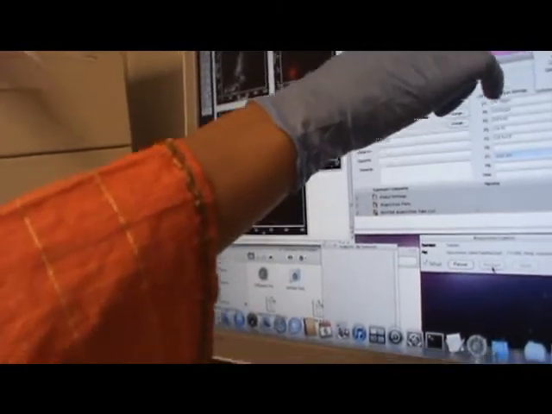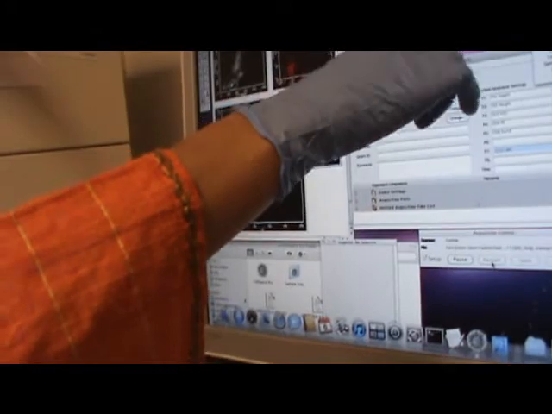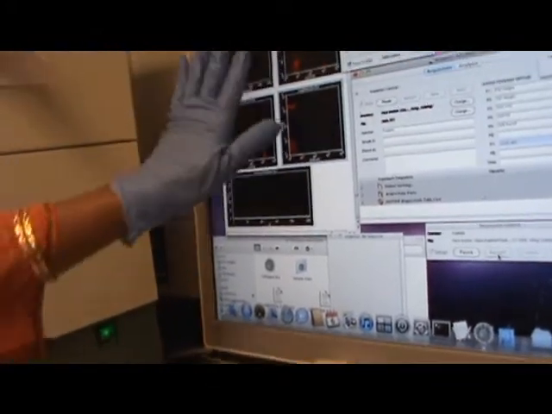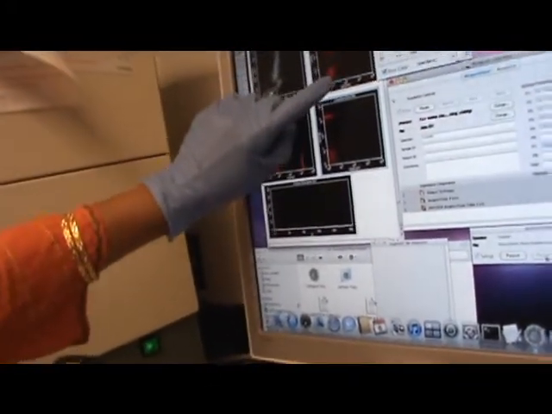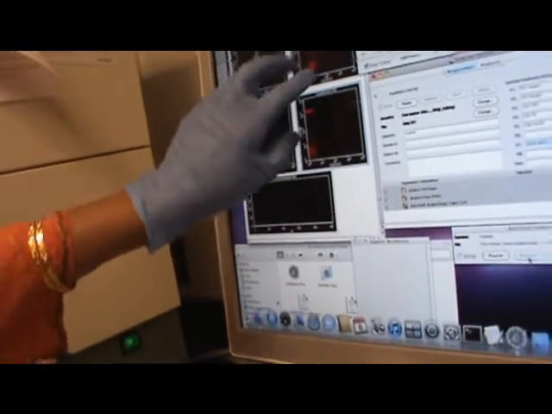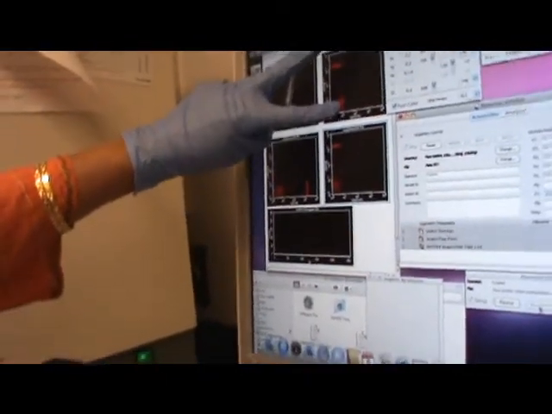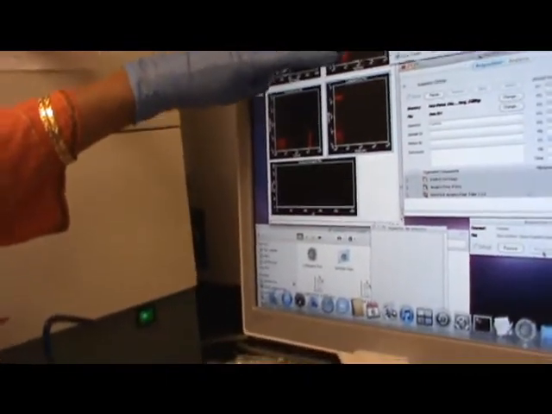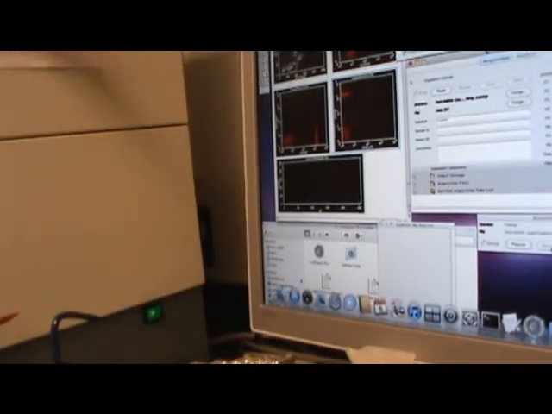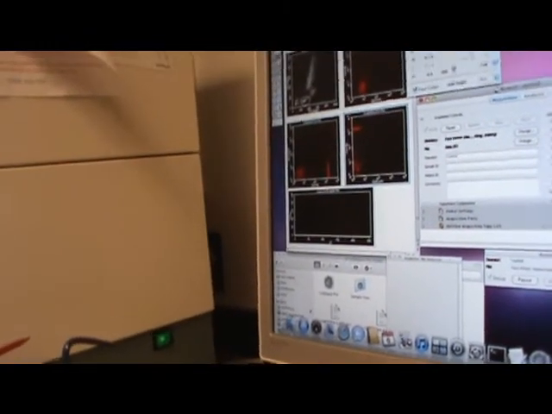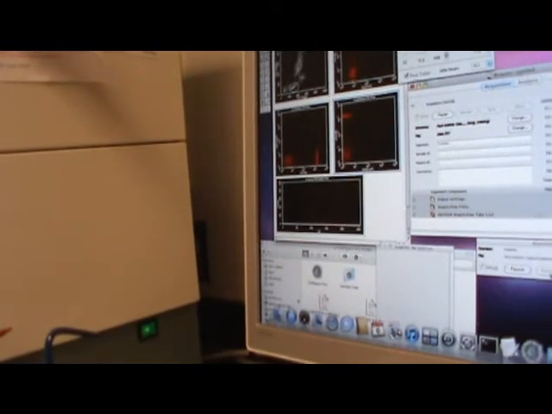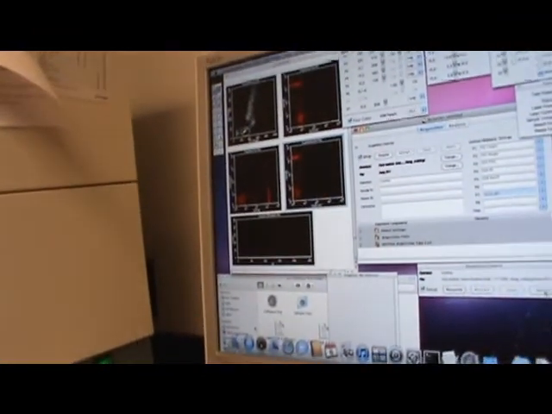So I compensated it using these numbers to get it right. If this is your FITC positive and PE positive, but instead of being here, it is here, there could be a problem. So you will say pause, abort.